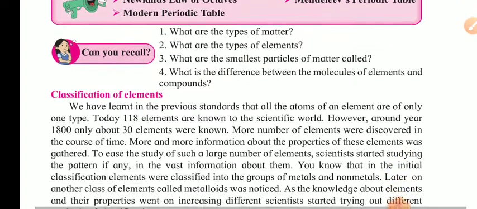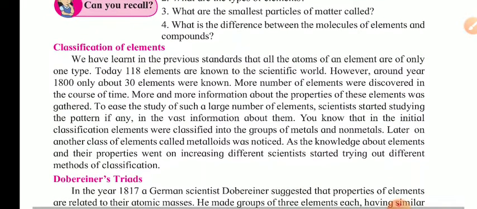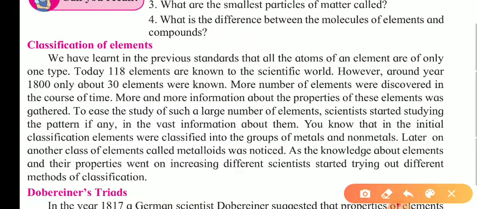When we talk about the classification of elements, this all started long ago. Initially only 30 elements were known, around the 1800s. With the course of time, research went on in this field, and at present we know almost 118 elements, and these elements are just like the alphabets of the English language.